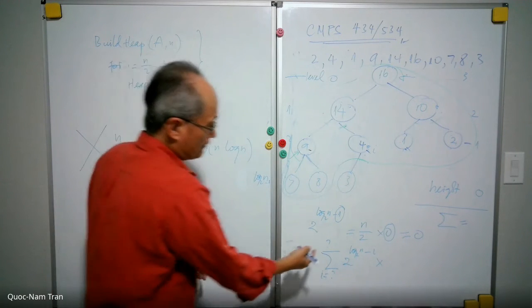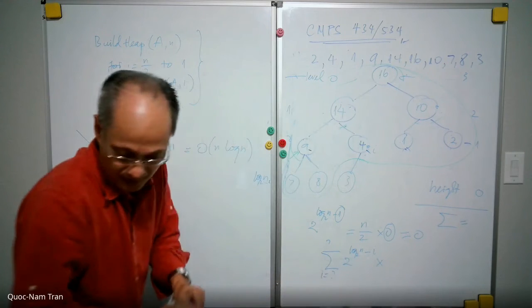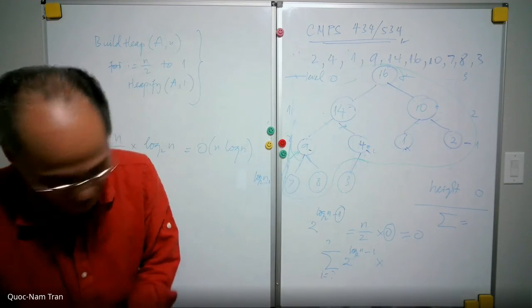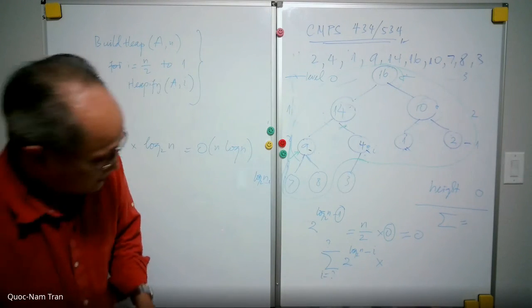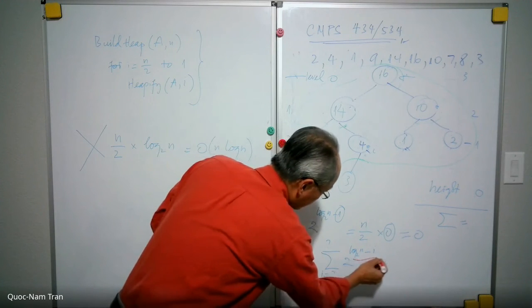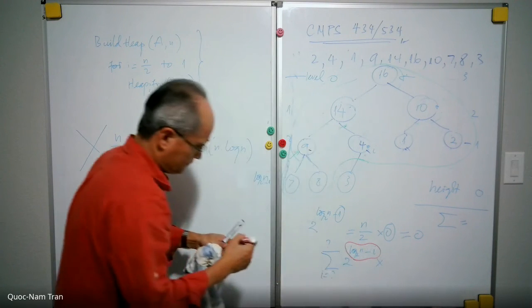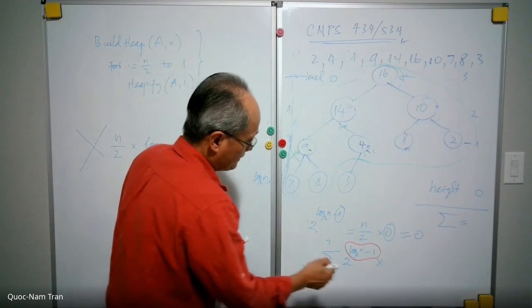So here you have log 2 of n minus i. Okay, and then times what?